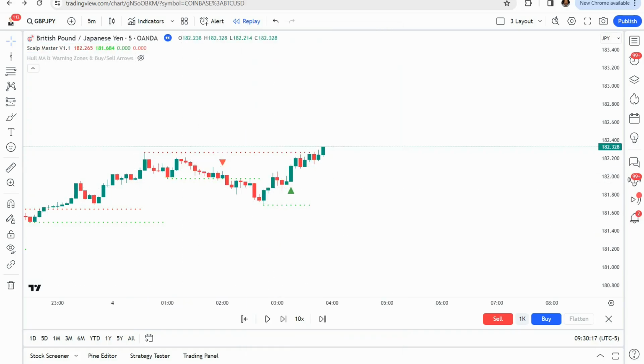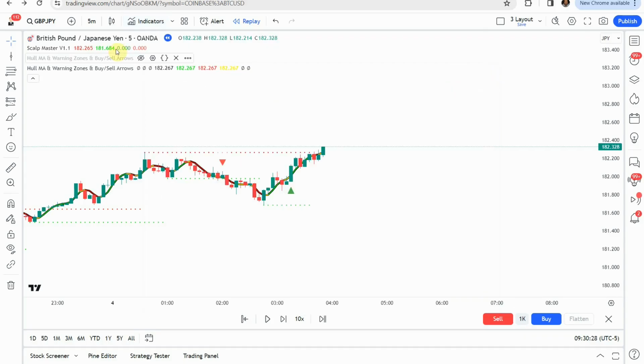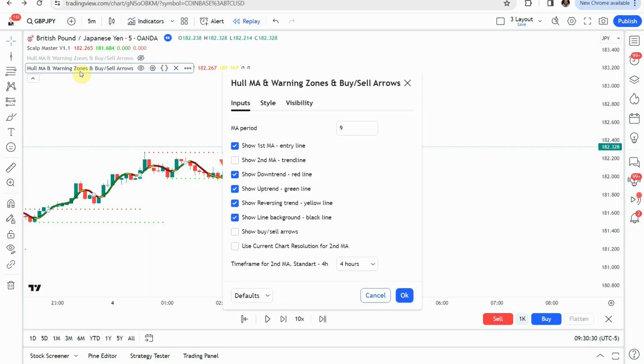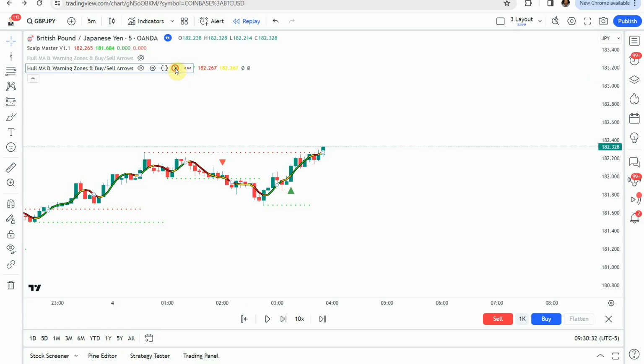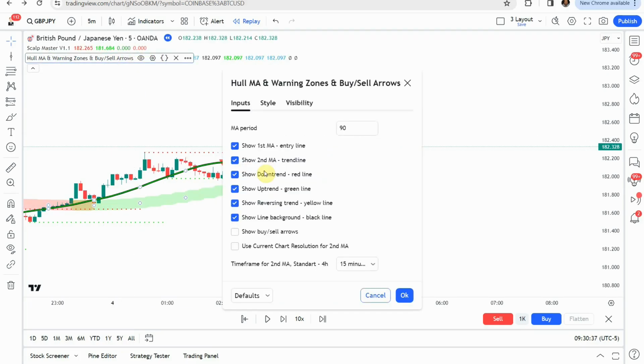The next indicator you'll add to the screen is going to be the Hull MA and warning zones and buy sell arrows, exactly. You'll add that to the screen, and again we'll jump into the settings here, and under the MA period you'll change that to 90.